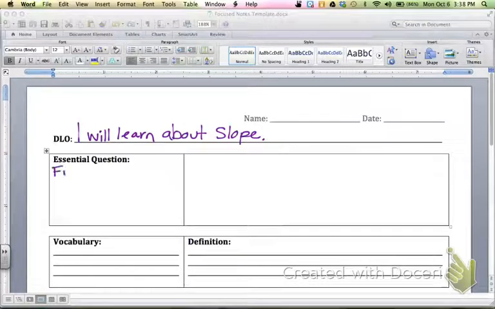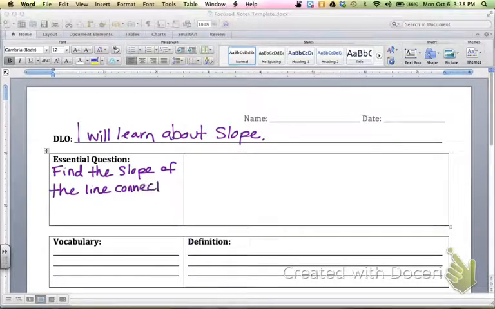So find the slope of the line connecting the points 10, 4 and -3, -2.